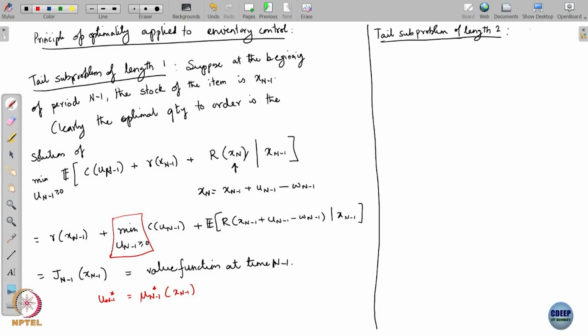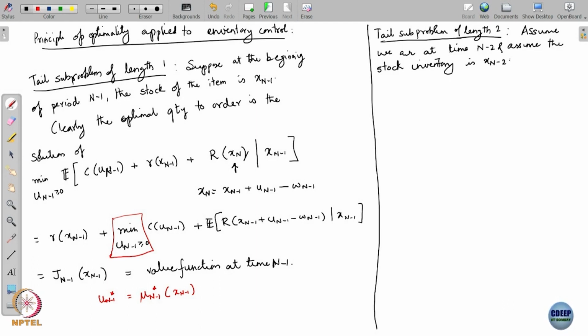Assume once again that we are at time n minus 2, and assume the stock inventory level is x n minus 2.